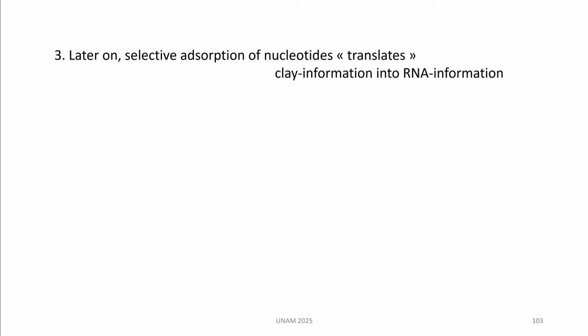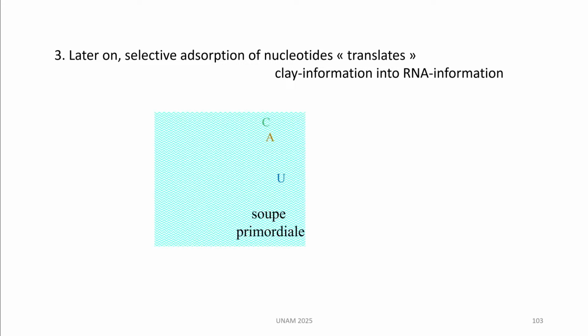And maybe this is the most dubious part of the scenario. He said, does it have a relation to today's life? Well, it may be that at some time there was adsorption from the prebiotic soup containing all of the right nucleotides here. And we had our living clay. And it just happened that the different types of layers had different affinities for the nucleotides. Like the orange one will prefer to adsorb A, the brown one will prefer to adsorb G, and so on and so on.